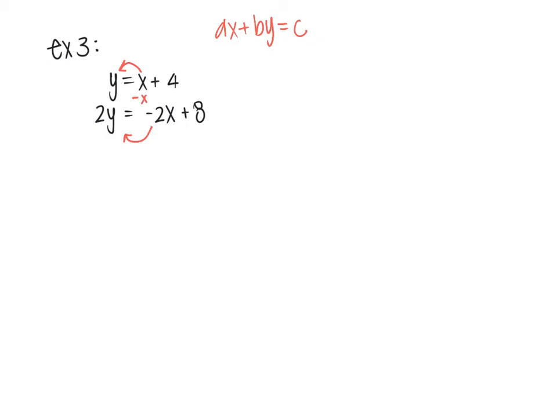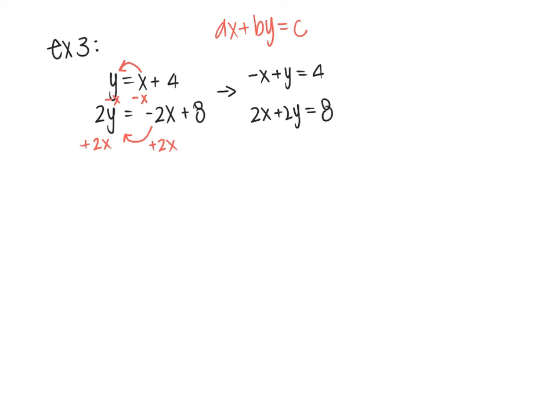So I'm going to minus x from both sides. So in the first one, I'll have negative x plus y equals 4. And then the second one, I'm going to add 2x, so I will have 2x plus 2y equals 8.